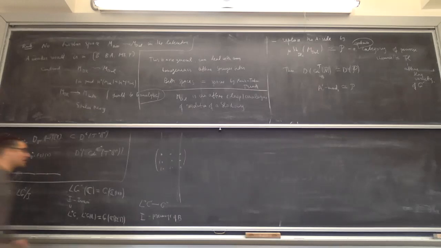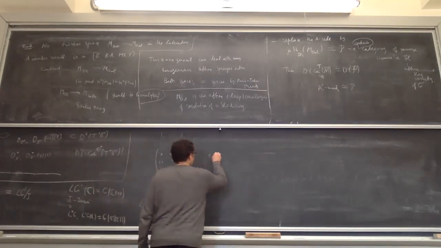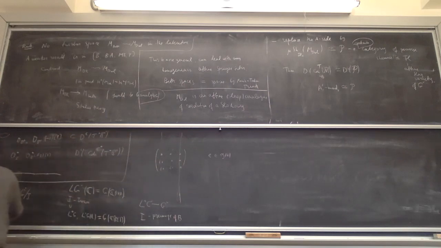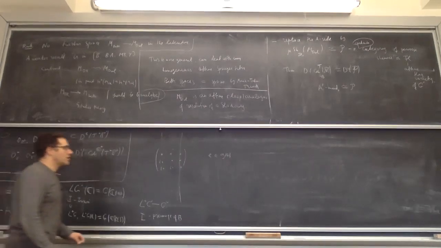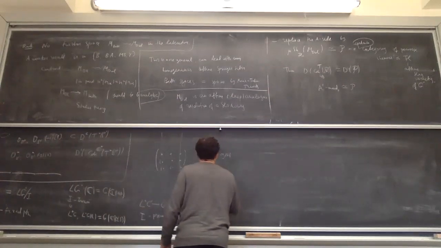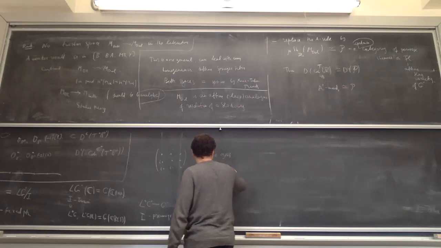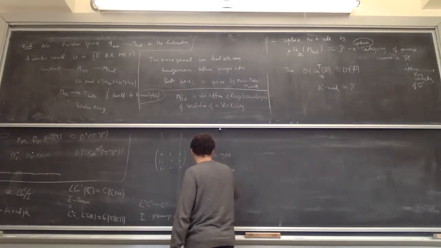So now I can take, I fix some e in g((t)), and Fl_e is just the fixed points. So in our case, e will be exactly this matrix.